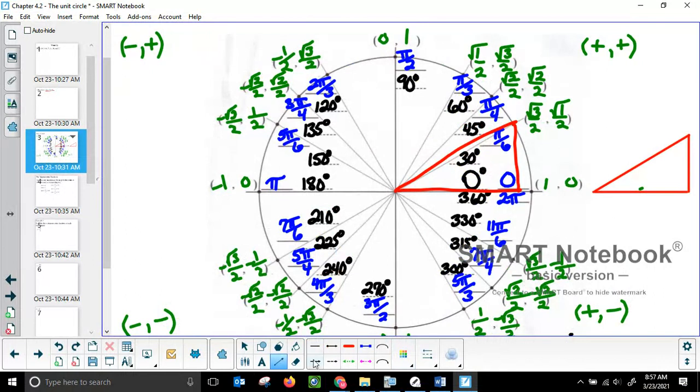Well, we know that it's 30 degrees. Right. So we know that this is 30 degrees, or pi over 6. It's the same thing.